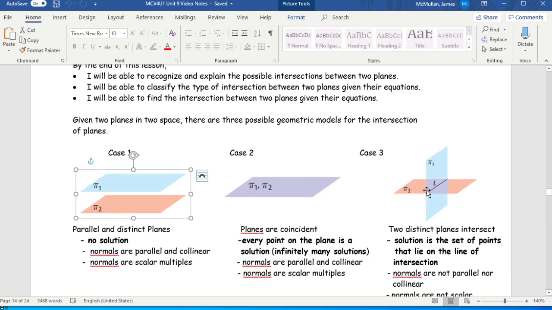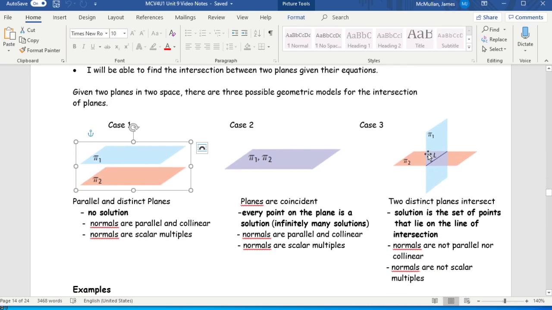You can move up and down, you can move left and right, but you cannot move forward and backwards, otherwise you'd be off the plane. Where does the floor meet the board? They meet along a corner, which is a line, at the front of the room. And it's not just one point, it's many points. It's that entire line where those two surfaces connect. Every time you do not have parallel planes, you must have intersection in a line.